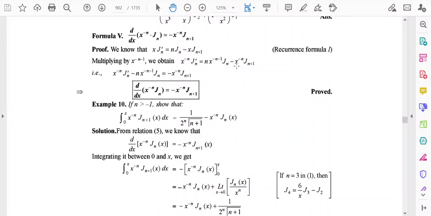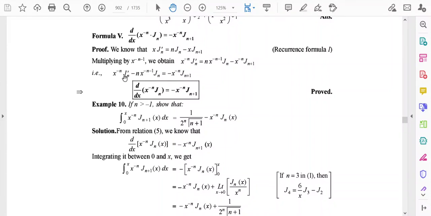So we are writing this formula as x to the power minus n Jn prime, and one term we have kept on the left hand side. So minus n x to the power minus n minus 1 Jn is equal to minus x to the power minus n J(n+1).